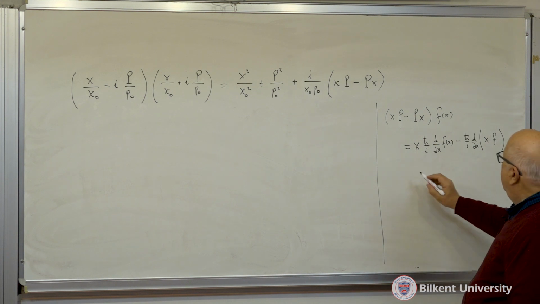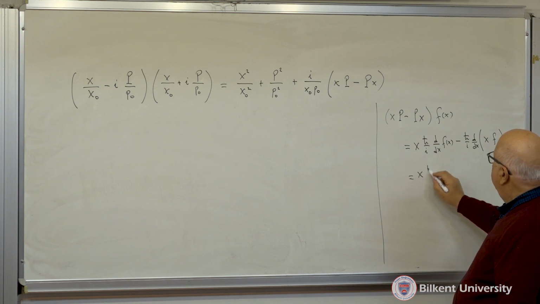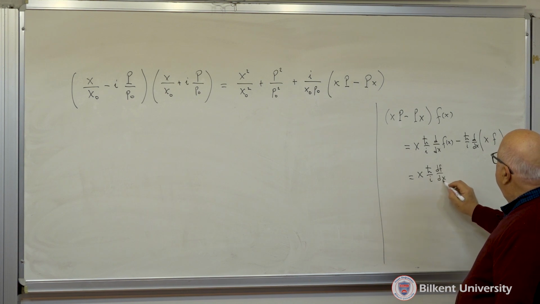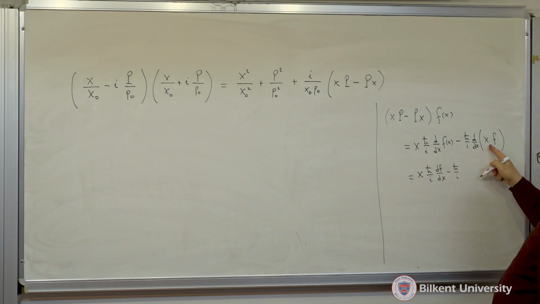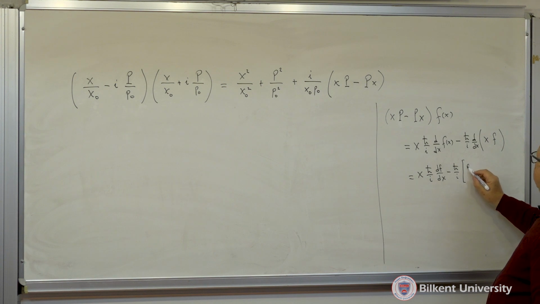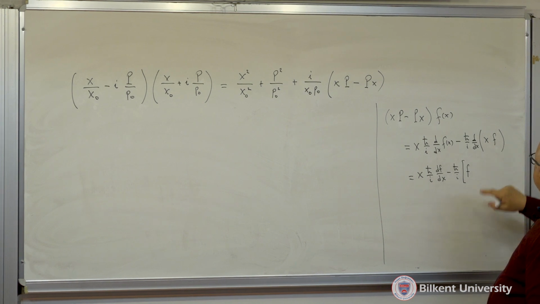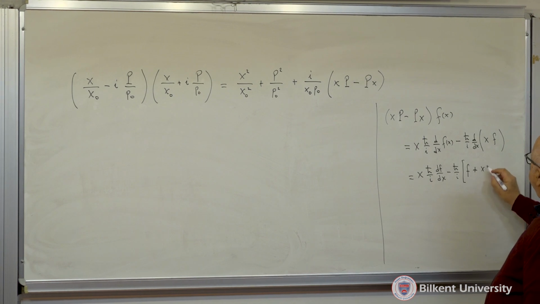And now I have x h bar over i df/dx, then I have minus h bar over i, derivative of xf with respect to x, so there will be two terms. There will be an f, and there will also be a plus x times df/dx, right?